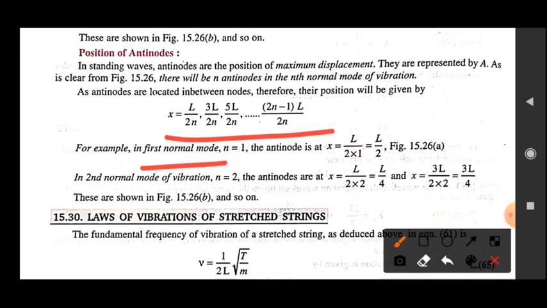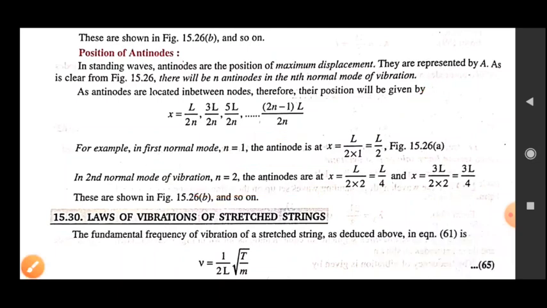And you can see this also by example, by putting n equal to 1, n equal to 2. In the first normal mode, we have only one location where an antinode will be found. In the second normal mode, we have two locations where an antinode is found, and so on.